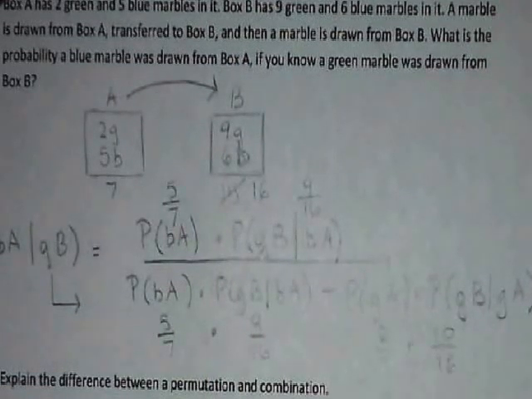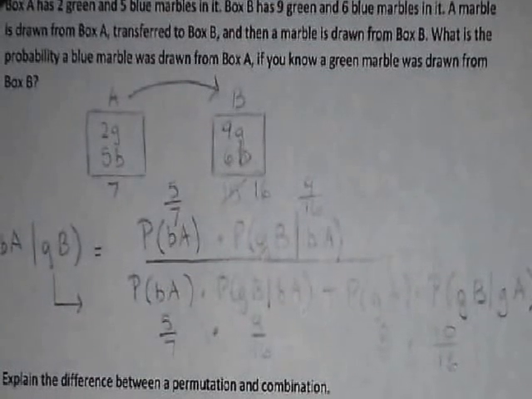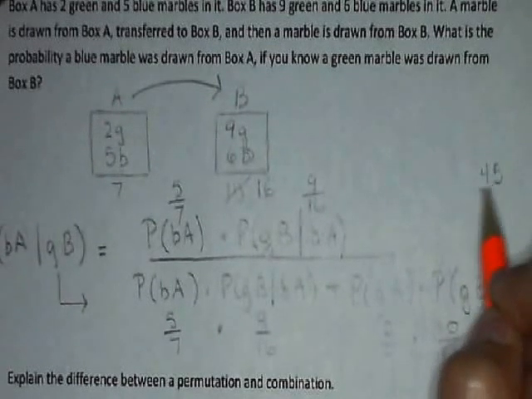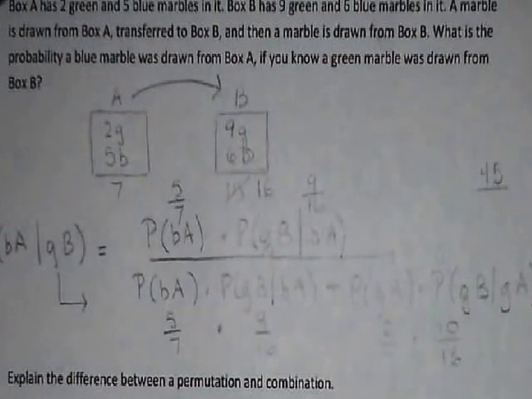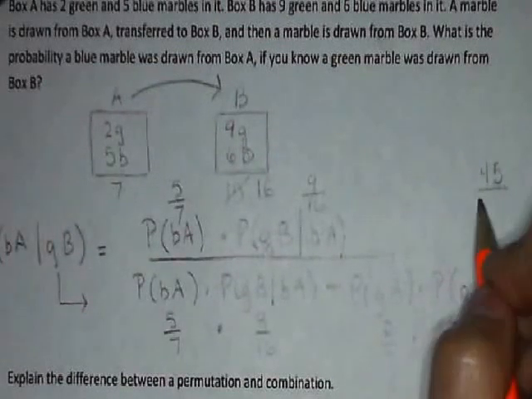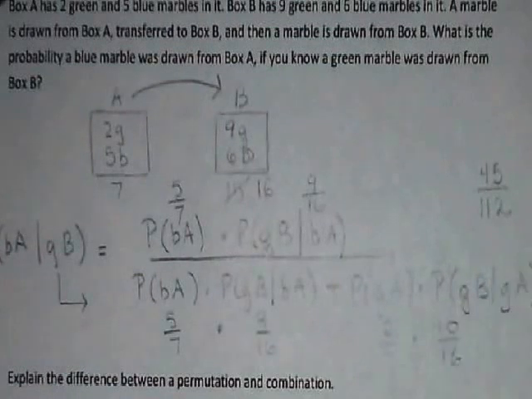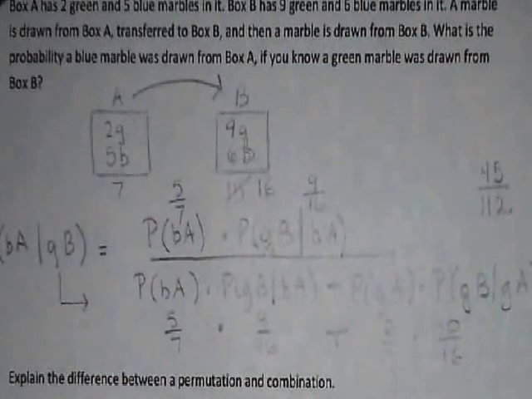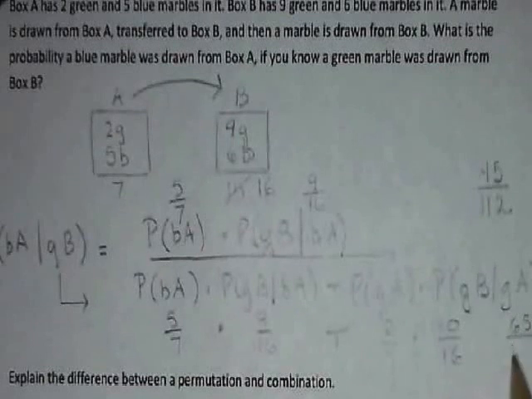10/16. And so if I look at all of my fractions here, on the top I would have 45 over 7 times 16, which is 112. On the bottom, I would have 45 over 112 plus 20 over 112, so that gives me 65 over 112.